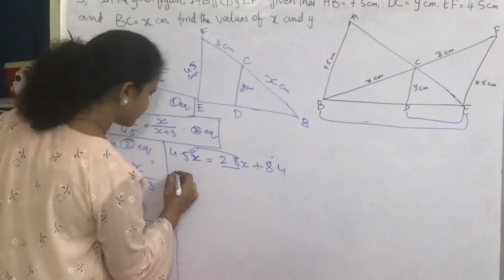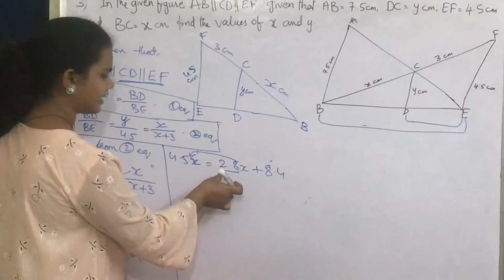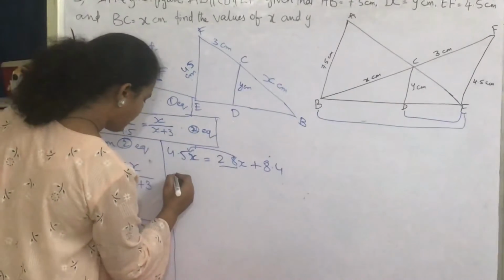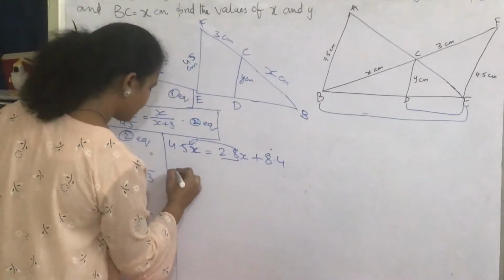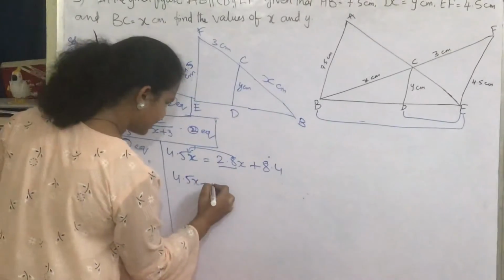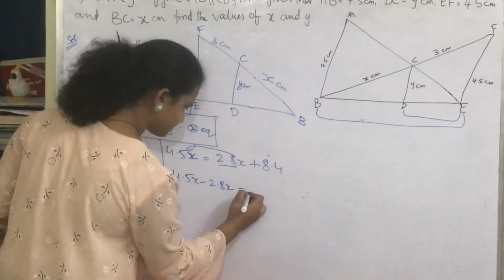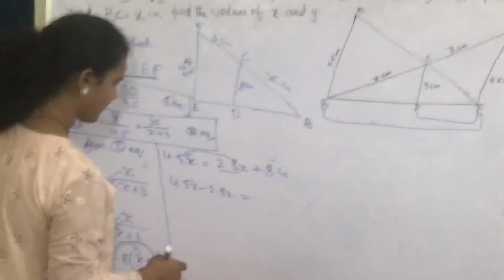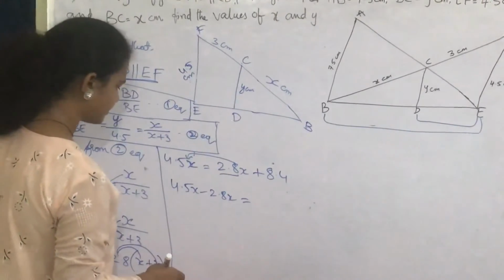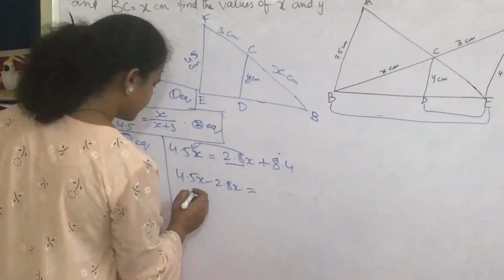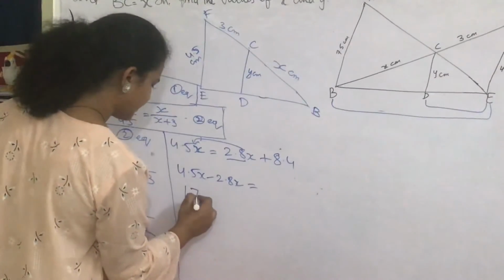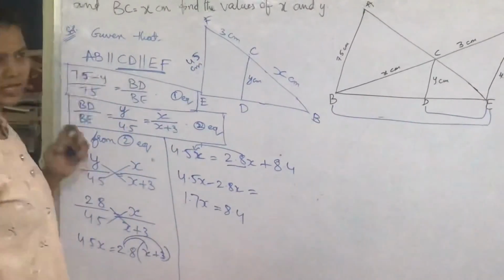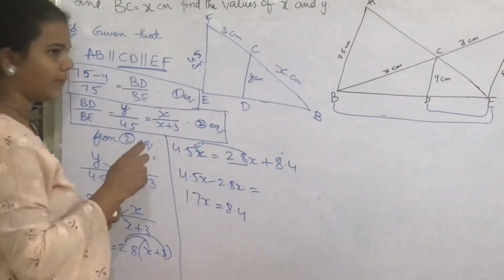Here it is plus 2.8x, so if I transpose this to the other side, this becomes minus. So I can write 4.5x minus 2.8x, which gives 1.7x equals to 8.4.